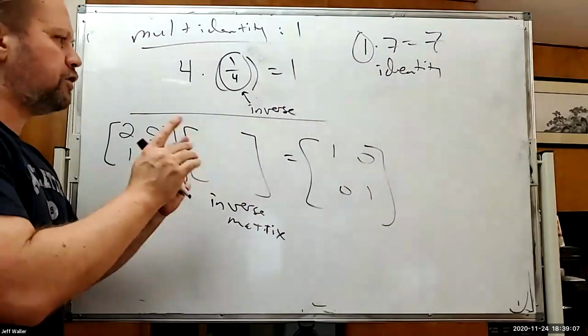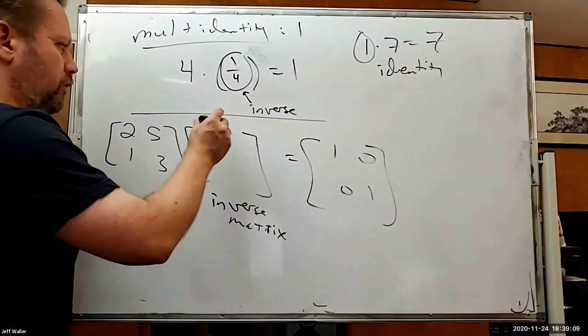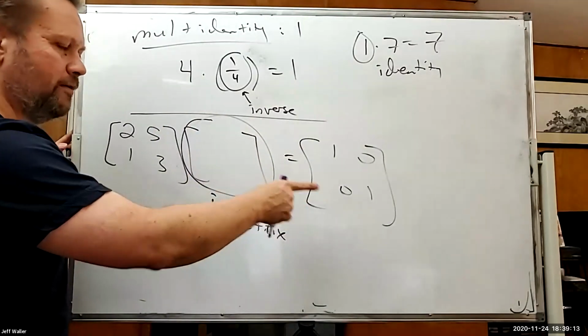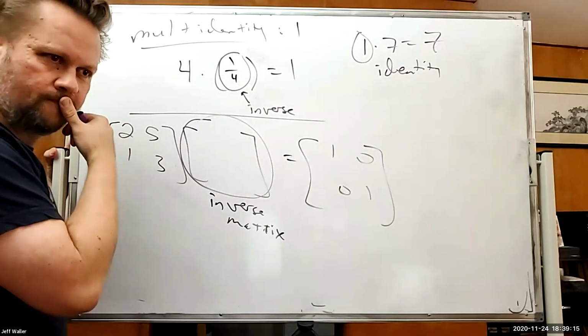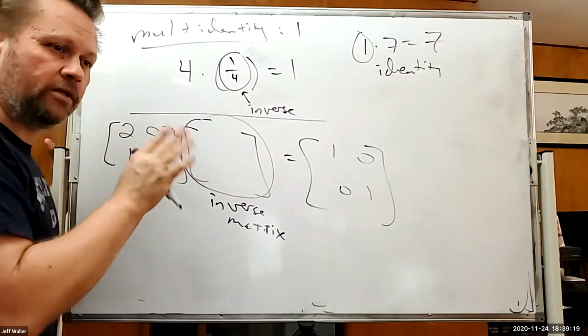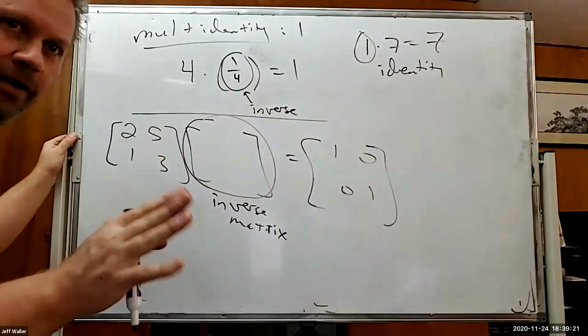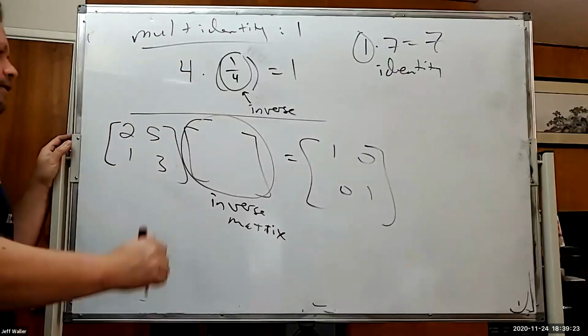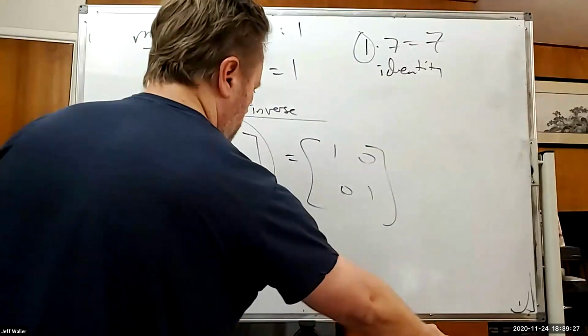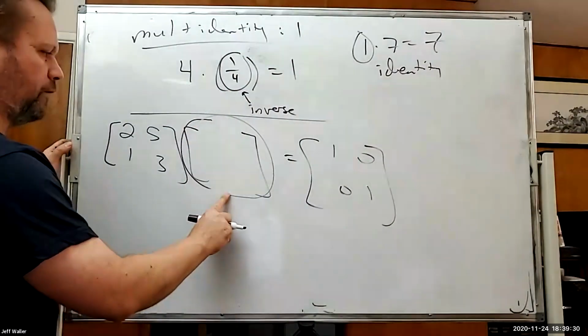Okay, so how do I determine what this matrix is to make this work? Let me give you a gross way to do this, and we might run out of time. Do we know what this is?